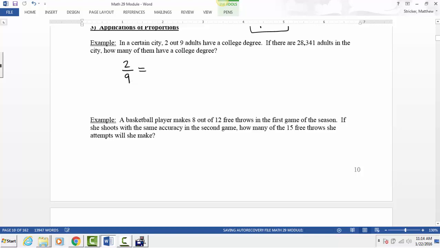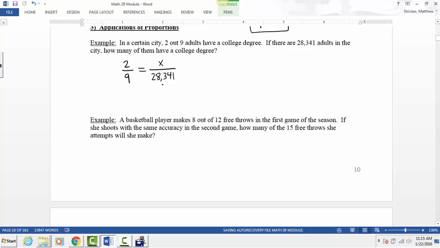It says if there are 28,341 adults in the city, how many of them have a college degree? So how many out of 28,341 have a college degree? The 28,341 is going to be on the bottom because that's the total. Here, 2 out of 9 have one. How many out of this? So just the number on the bottom gets bigger.